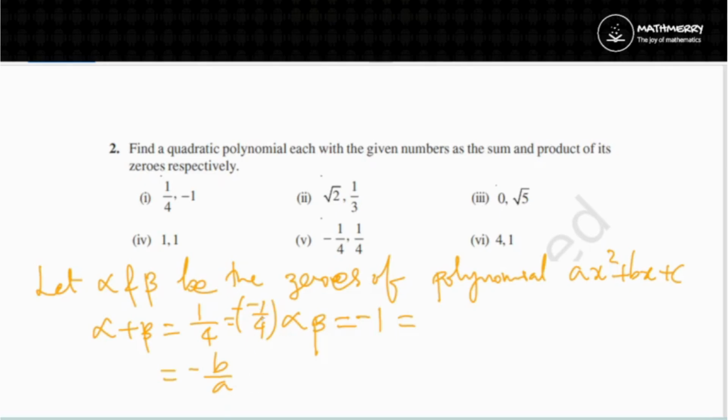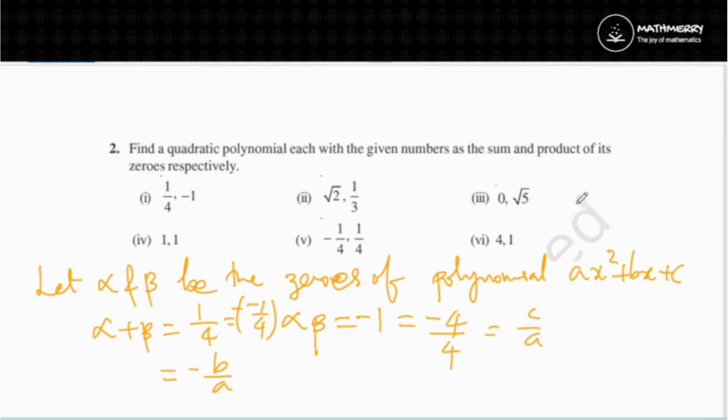If b is minus 1 and a is 4, we need something like this here. We need a 4 here and c we need something. And this should also give us minus 1. So minus 4 I can write here. So minus 4 by 4 is minus 1 itself. So this can be correct.